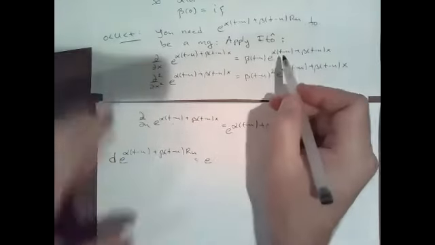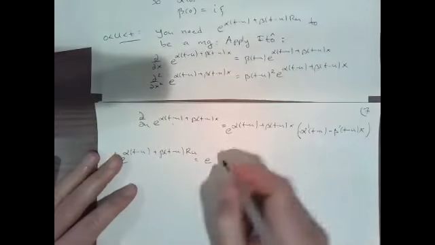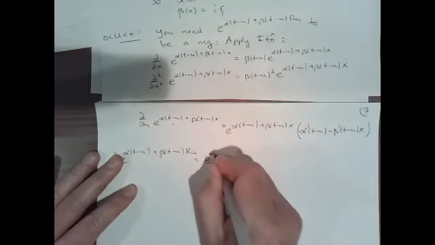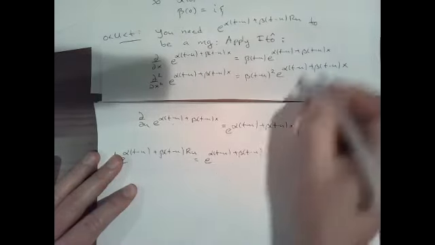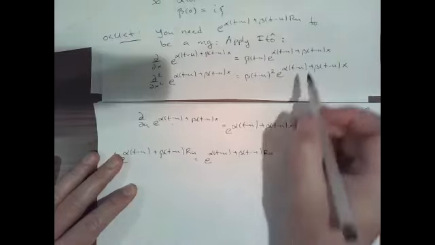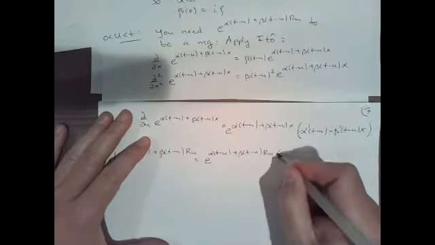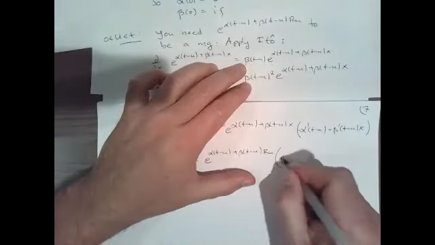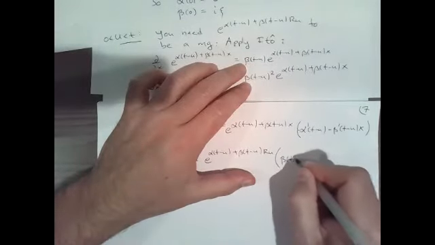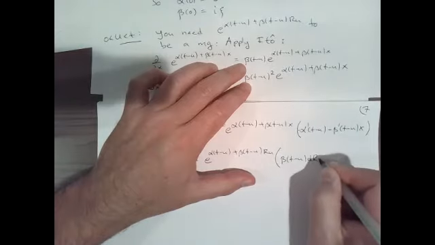I'll put this object here outside, and I have my R_u, so that goes outside. And then what I have inside will be beta(t minus u) dR_u.